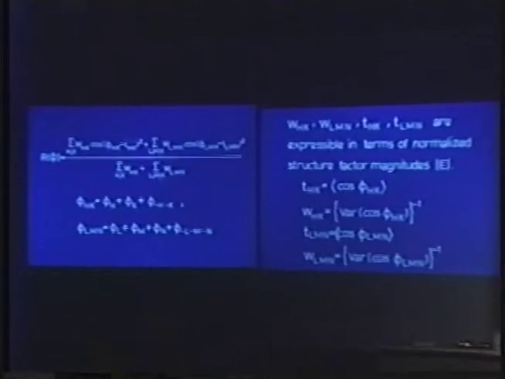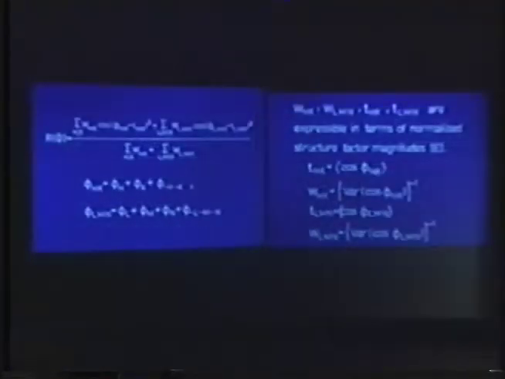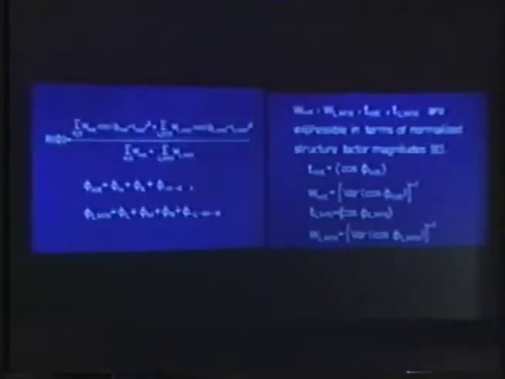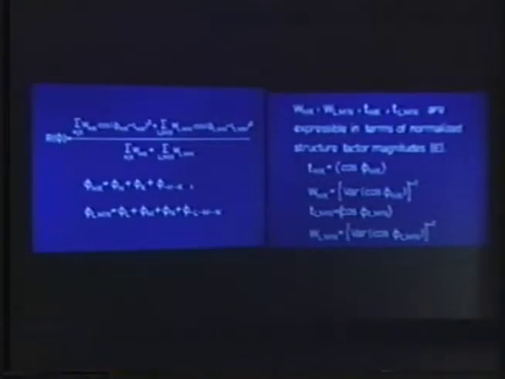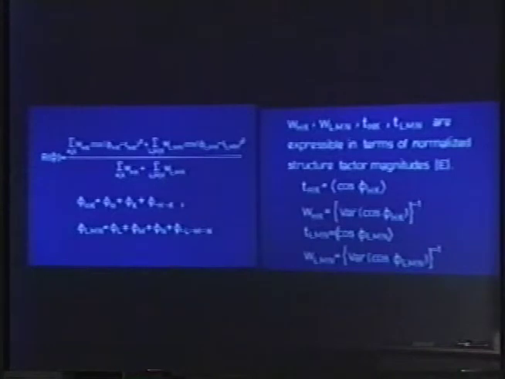The quantity T sub hk is simply the expected value of the cosine, also a quantity which can be calculated once the probability distribution of the structure invariant has been derived, and I will describe that probability distribution in just a few minutes. In a similar way, T sub lmn, the expected value of the cosine of the quartet phi sub lmn, is expressible in terms of known magnitudes E alone.